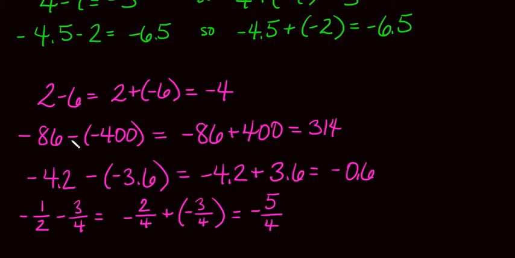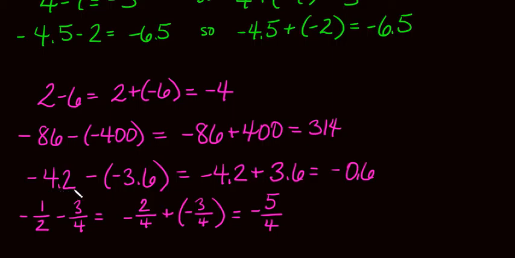Negative 86 minus negative 400. This is negative 86 plus the opposite of negative 400, which is positive 400, which equals 314.